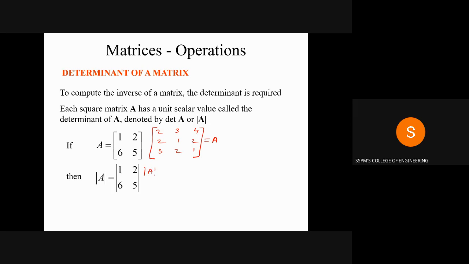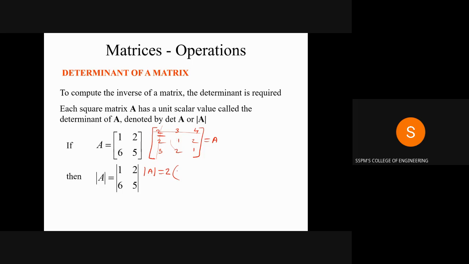First we will take this element, write it here, 2, and its position is first row, first column. We will delete first row and first column here. So what remains is 1, 2, 2, 1, and we will take determinant of this matrix.